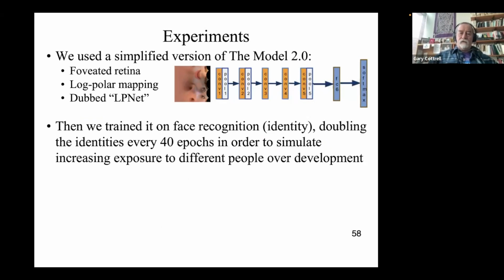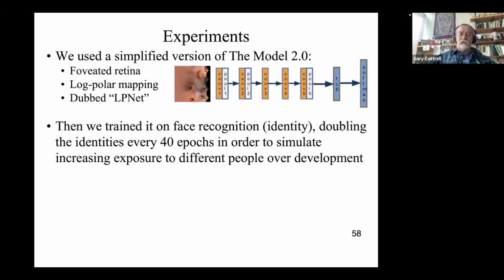But one thing to notice that we did is that in order to model how we develop face recognition capabilities, at first, we mainly see our parents. So we started with two or four different faces, and then incrementally doubled the number of faces.